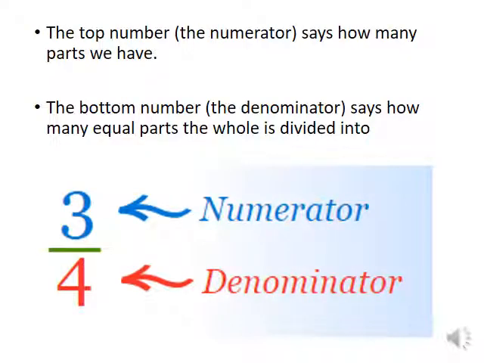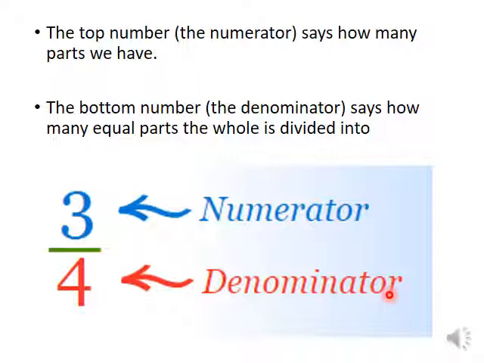For some of you this might be a little bit of a revision session and you'll remember some of these words from last year. When we look at a fraction, there's 2 key words that I'd like you to think about. The top number is called the numerator, and that says how many parts we have. The bottom number is called the denominator, and that tells us how many equal parts the whole has been divided into.